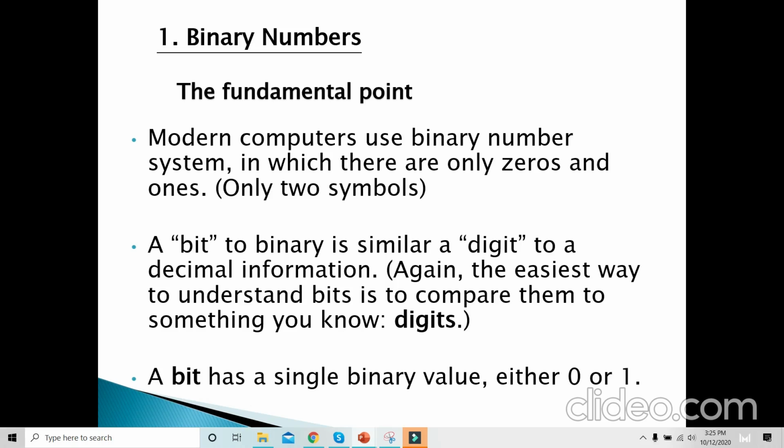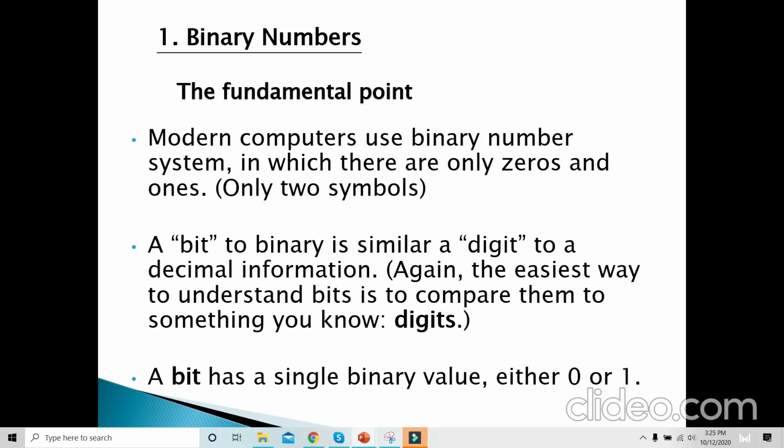In the binary system, we have the fundamental point: modern computers use the binary system, in which there are only zeros and ones, only two symbols. A bit to binary is like a digit to decimal information. When I say tenth digit, first digit, one digit, that is for the decimal number system, compared to binary, where a 1 or 0 is considered a bit, or 1 bit.